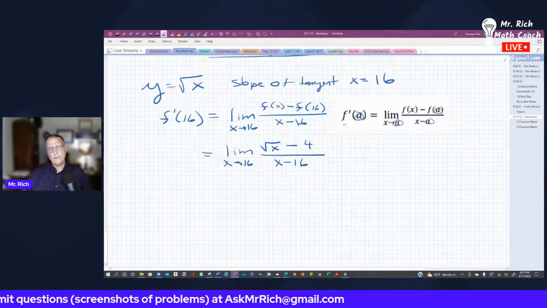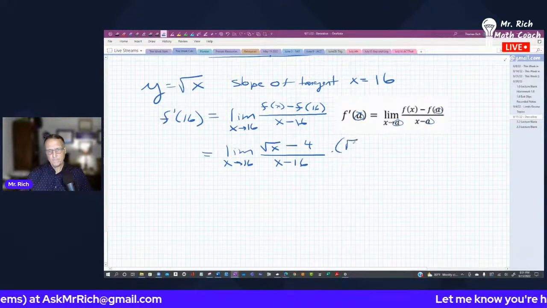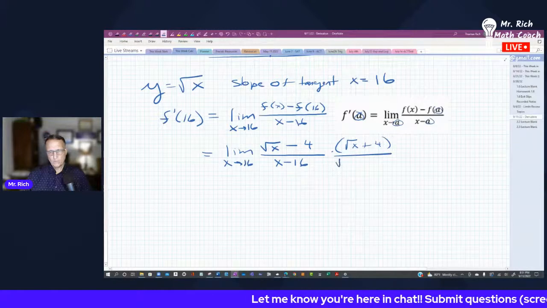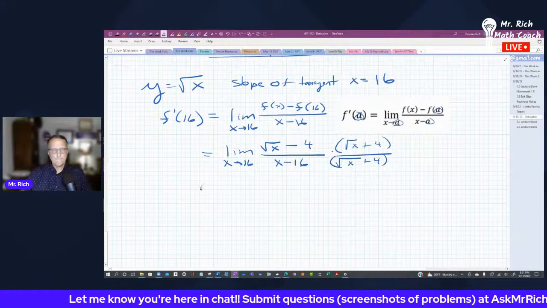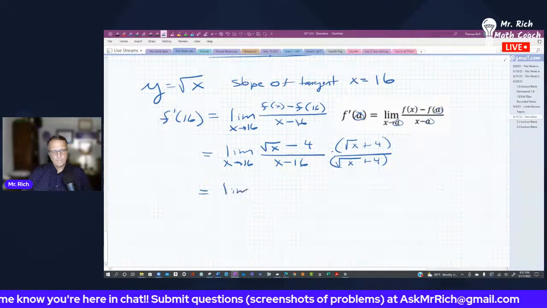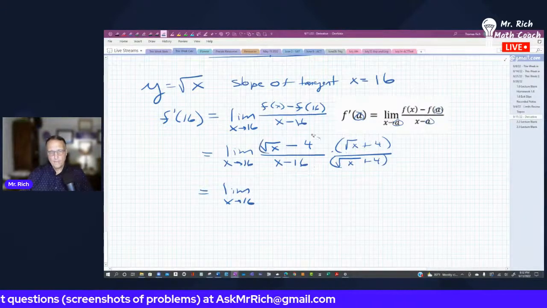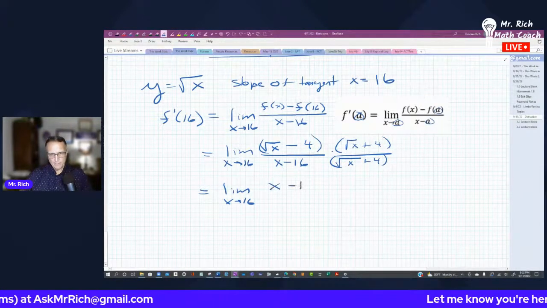But what am I going to do here to evaluate this? Well, I'm going to multiply by the conjugate: square root of x plus 4 over the square root of x plus 4. And see what happens. I'm multiplying these two conjugates, which means I'm going to have x minus 16.